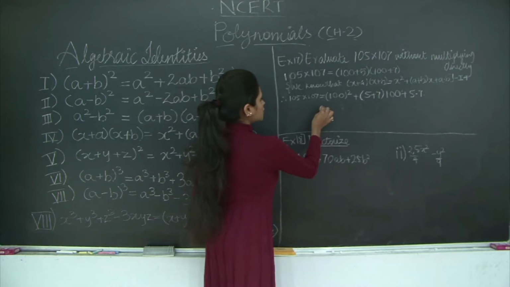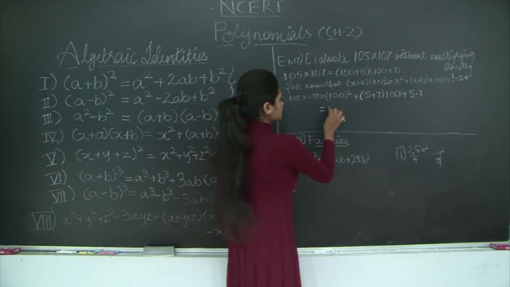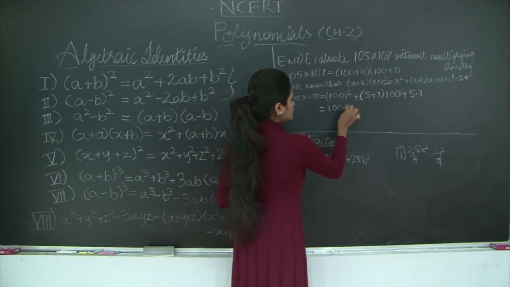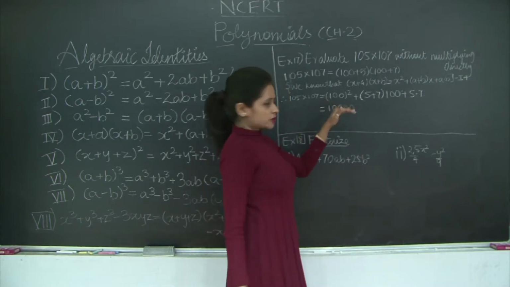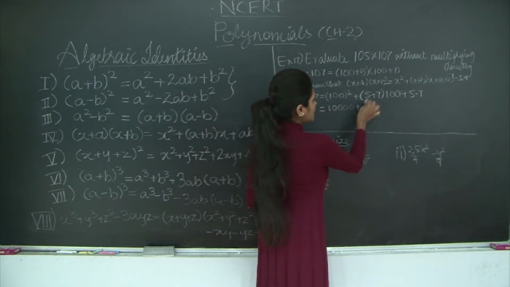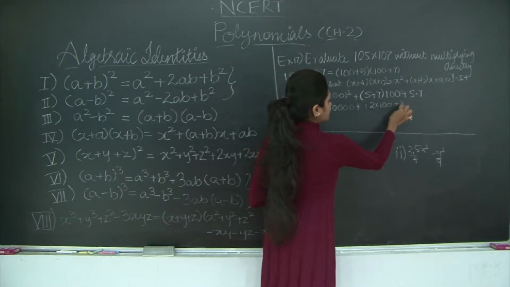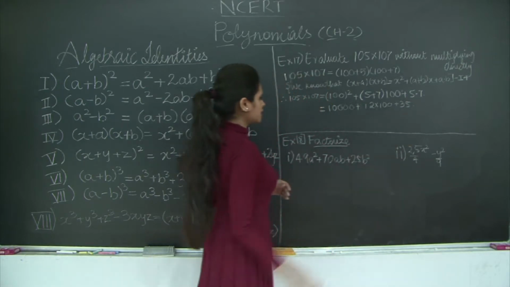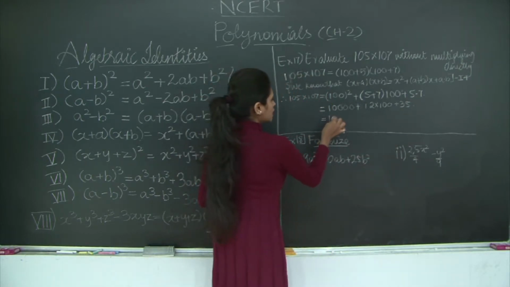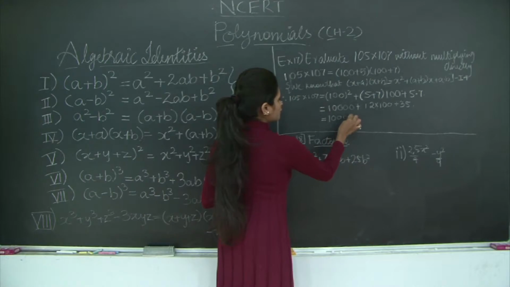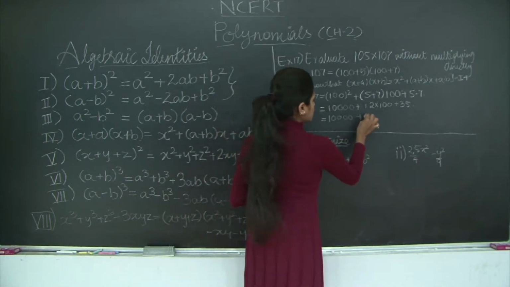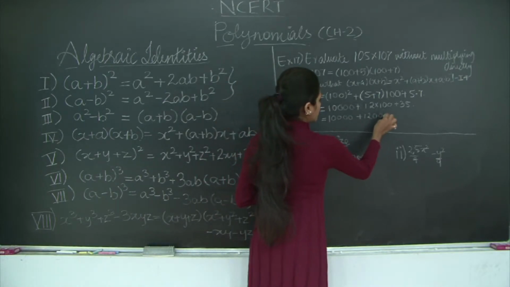Right? So this is 100 square, 1 0 0 0 0, 4 zeros because we are squaring 100, plus 5 plus 7 is 12, so 12 into 100 plus 35, right? So this is equal to 10000 plus 1200 plus 35.